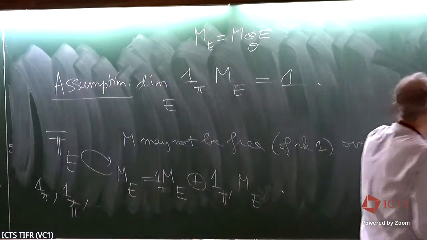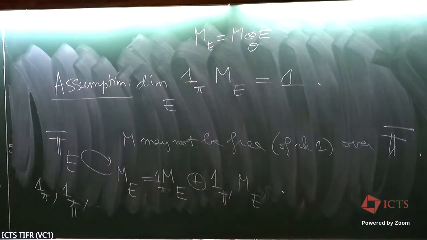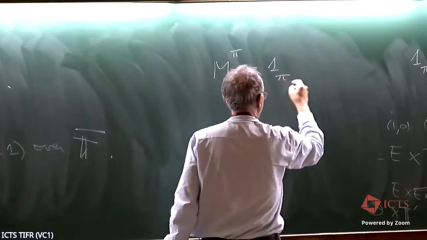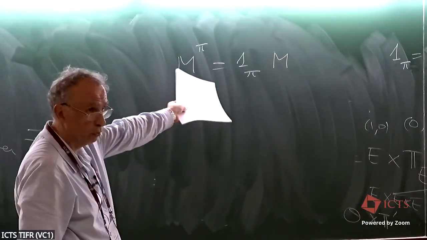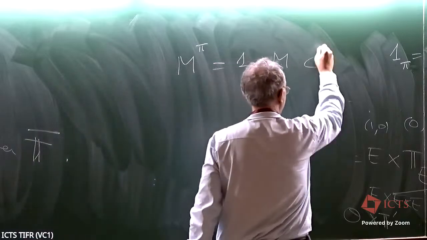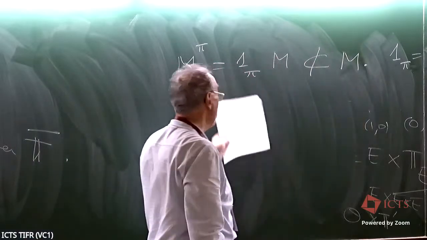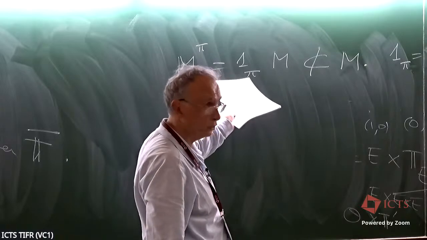So we consider 2 interesting modules. One is denoted by M upper pi, and this is the image by the idempotent 1 pi of M. And you have to be very careful that this is not contained in M, because the idempotent 1 pi is not integral.